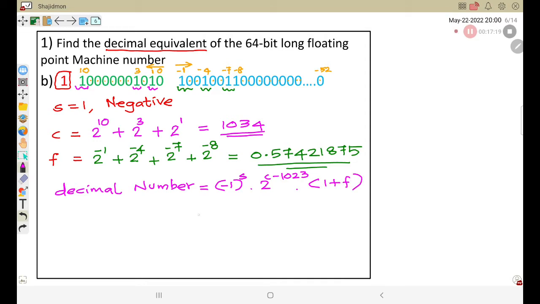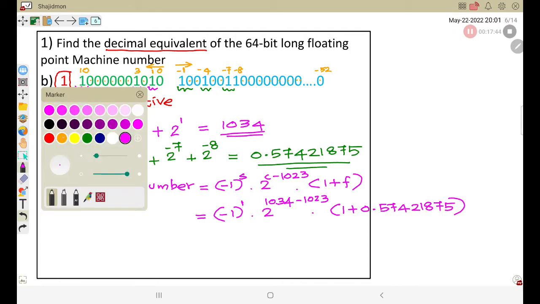Now apply the numbers: (-1)^1 times 2^(1034 minus 1023) times (1 plus 0.57421875).